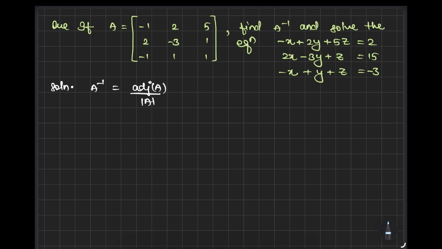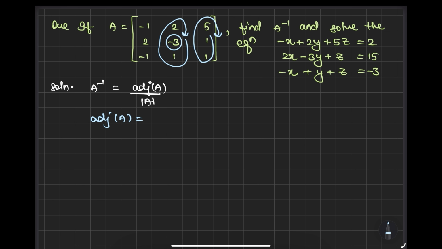Now look at this. The adjoint of A will be equal to this. What we will do is start from the innermost element and write this way, moving this way, this way, this way, and again this thing, and we will write everything.